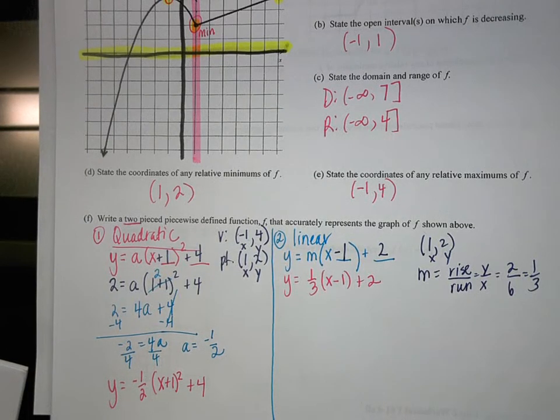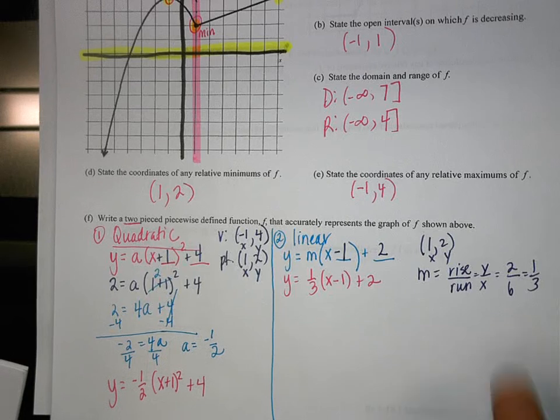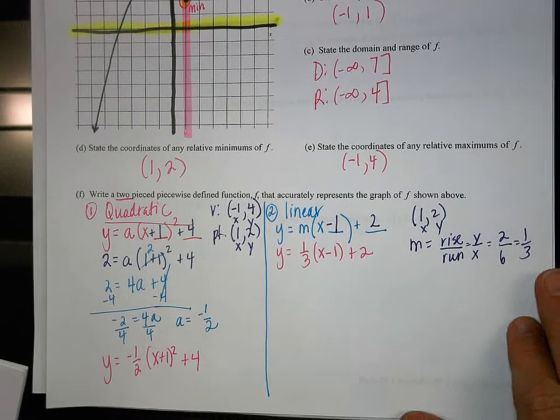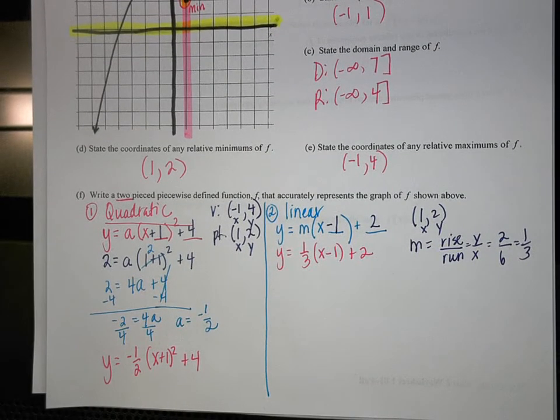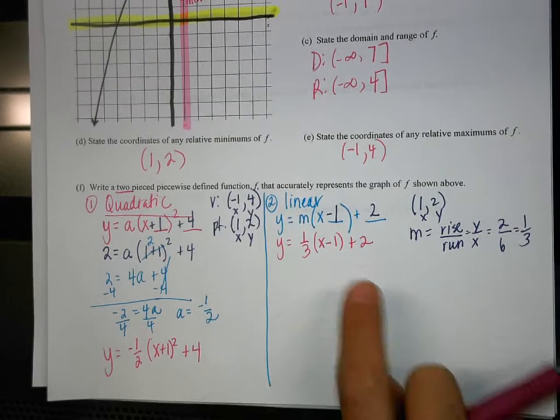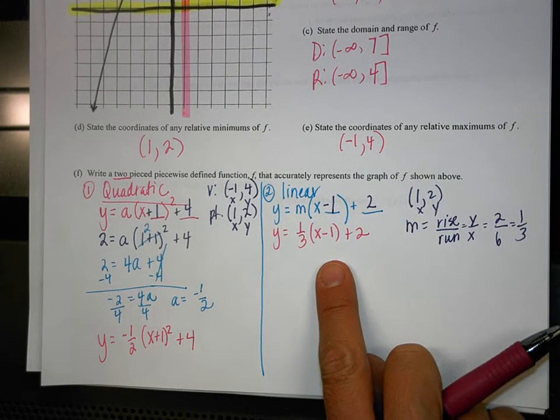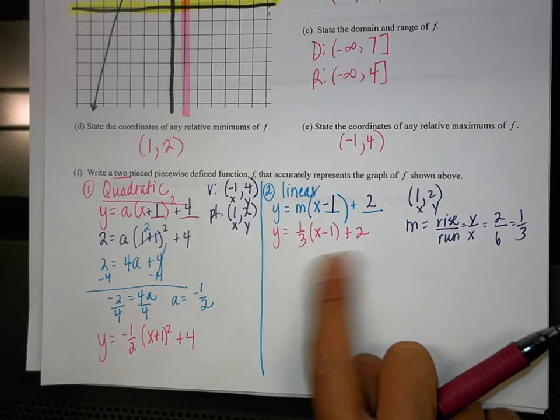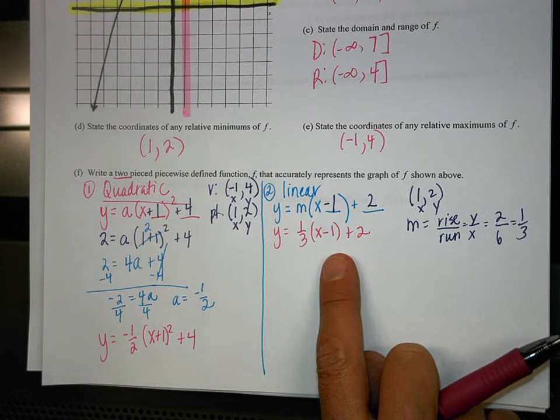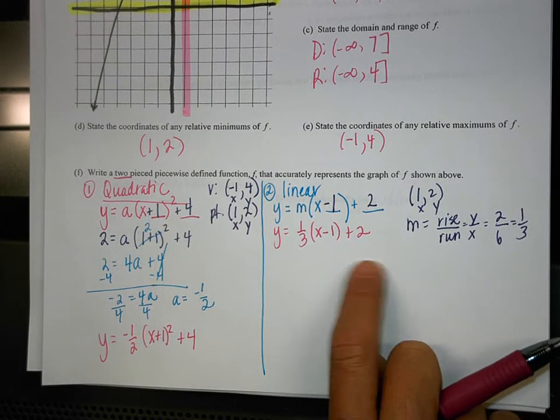Okay, before I go on, do we have any questions on that? Okay. If you wrote it this way, it is okay. Sometimes though, when you have a line, it's not written with the parentheses.